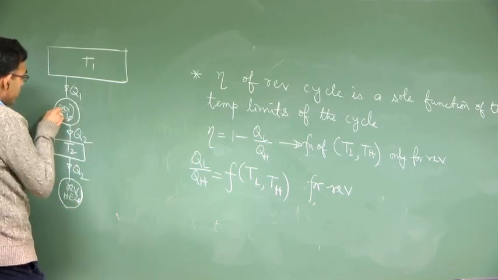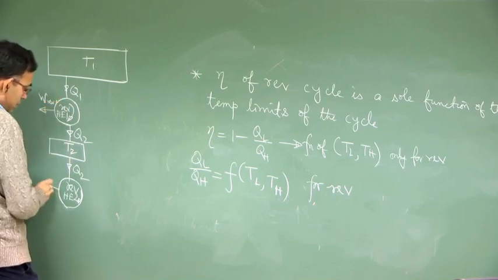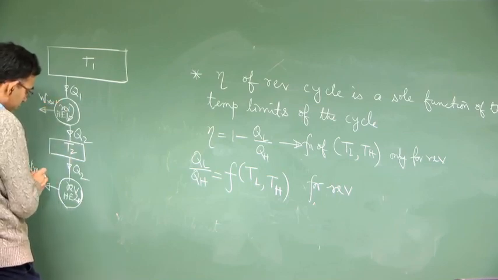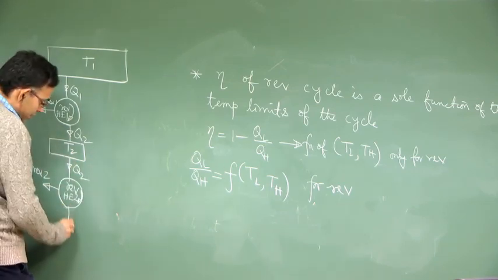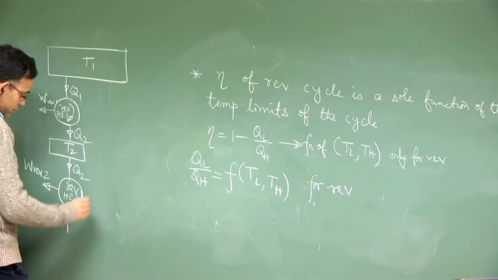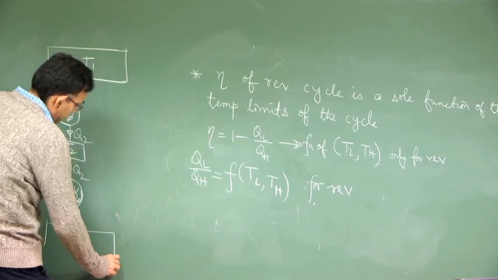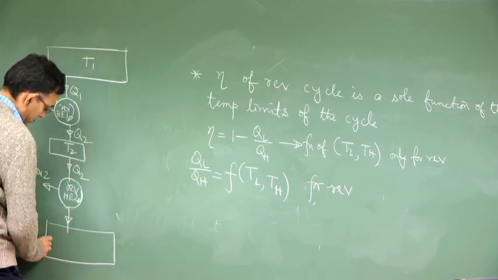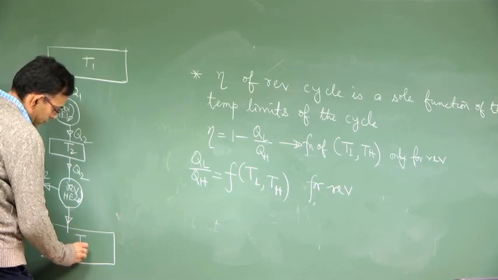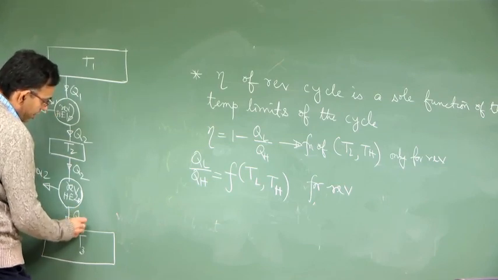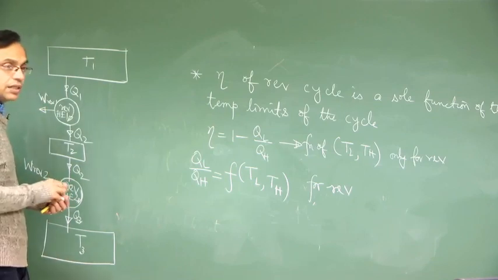So, this heat engine is doing some work W rev 1, this is W rev 2 and then this is rejecting heat Q3 to a thermal reservoir at temperature T3.